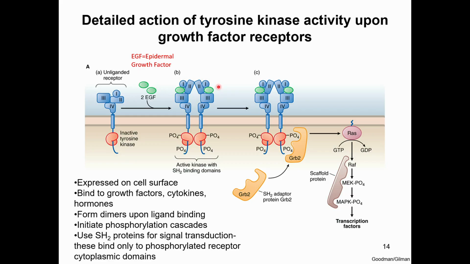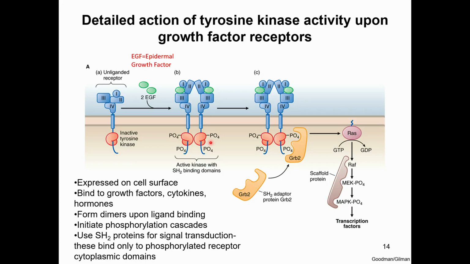One binds to one receptor, one to another, and that causes dimerization to occur. And this then causes phosphorylation of the cytoplasmic domains, okay? And so there are then these other proteins called adapter proteins. These are involved in the signaling cascade.